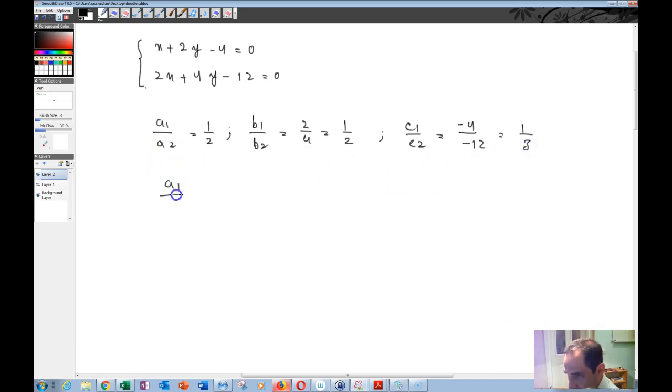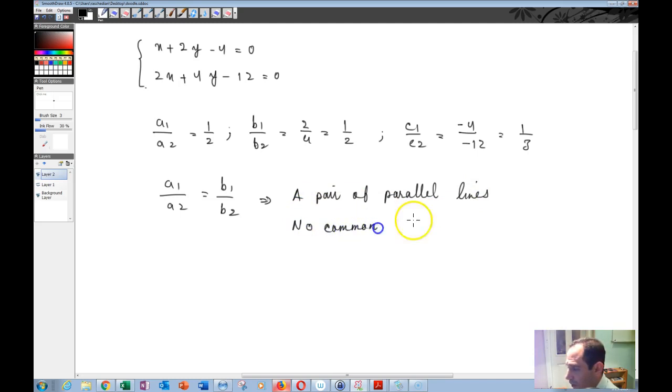So you see that a1 to a2 is equal to b1 to b2, which means that you have a pair of parallel lines. You have a pair of parallel lines, so no common solutions.